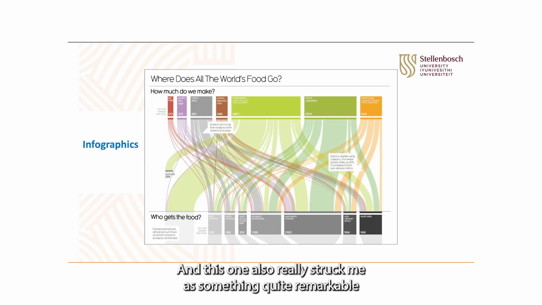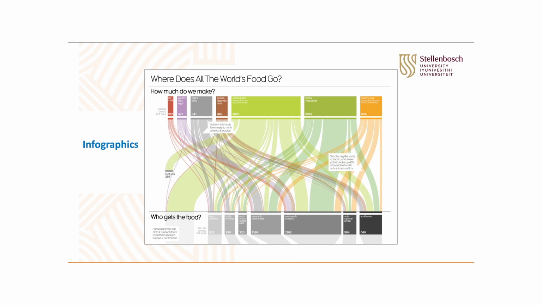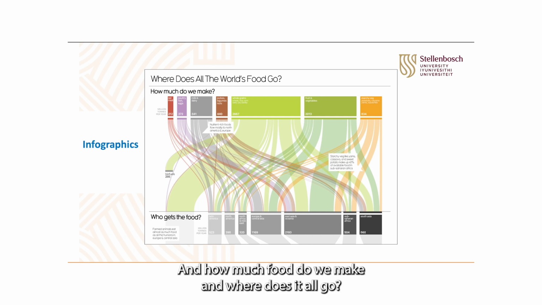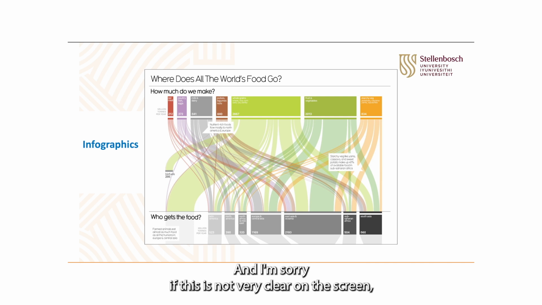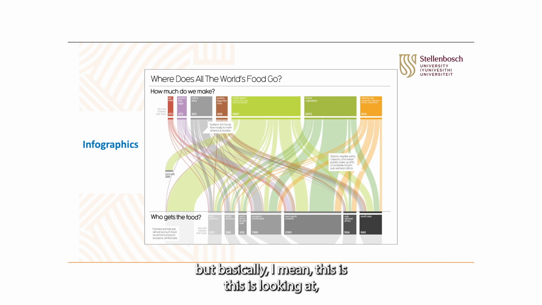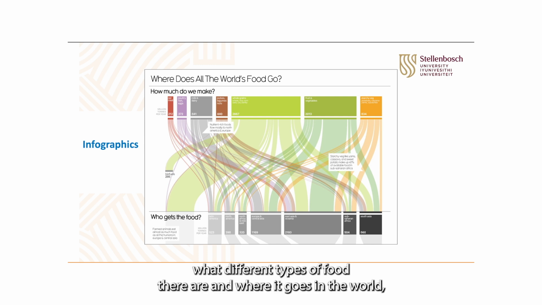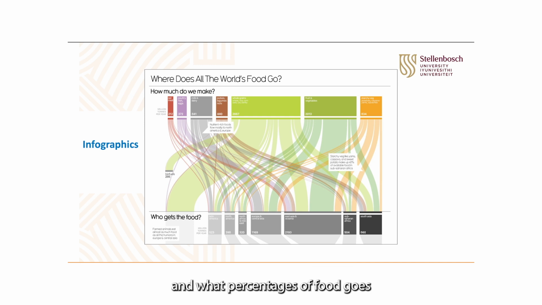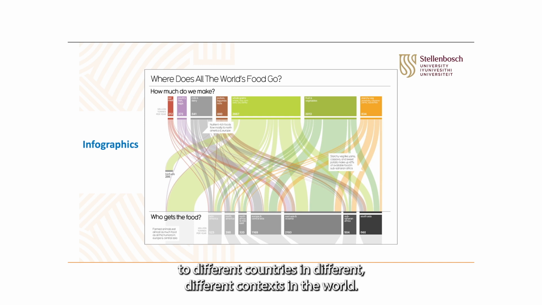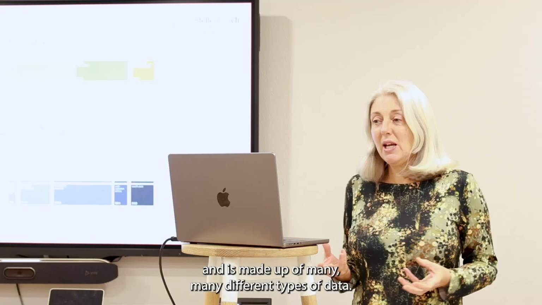And this one also really struck me as something quite remarkable, because where does all the world's food go? How much food do we make, and where does it all go? I'm sorry if this is not very clear on the screen, but basically this is looking at what different types of food there are, where it goes in the world, and what percentages of food go to different countries and different contexts. This has obviously been an enormous data set, and I'm sure this data has come from many different sources and is made up of many different types of data.